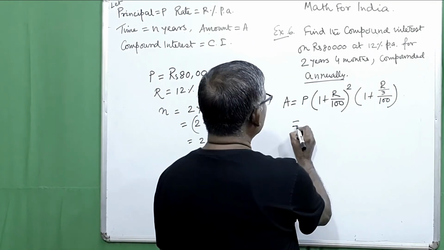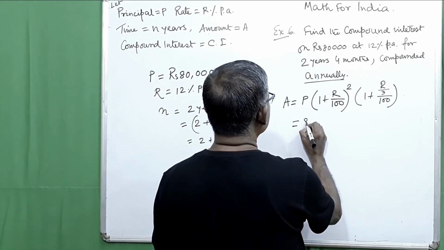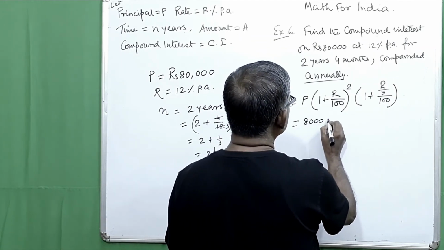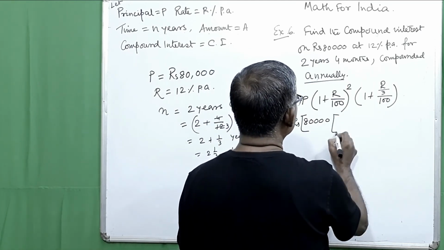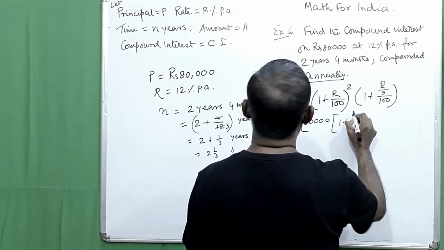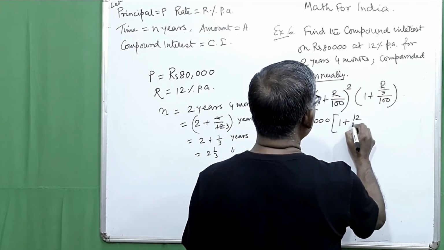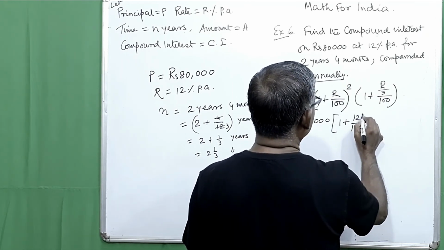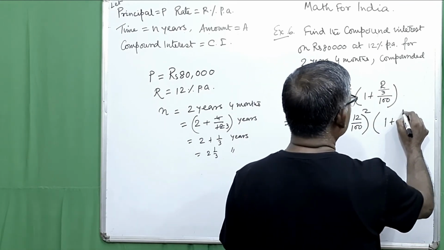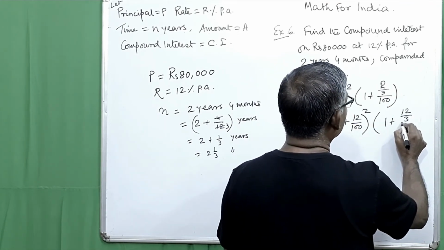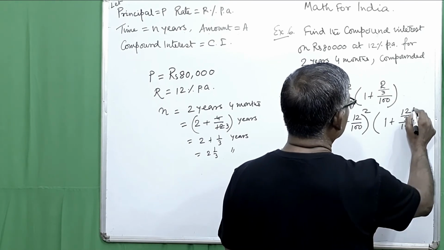So put the values of P, that is 80,000, into 1 plus, what is the value of R? That is 12 by 100 whole to the power 2 into 1 plus 12 by 3 by 100.